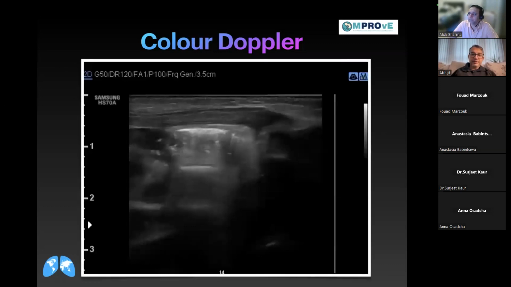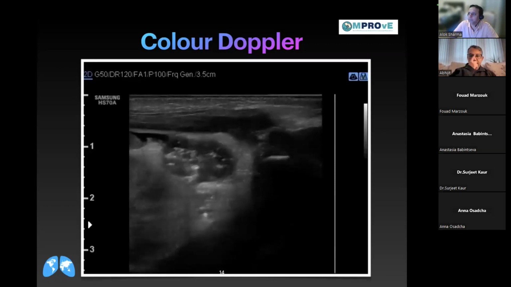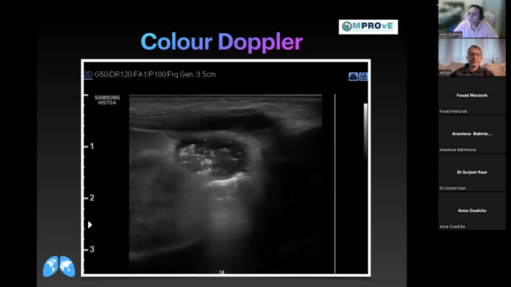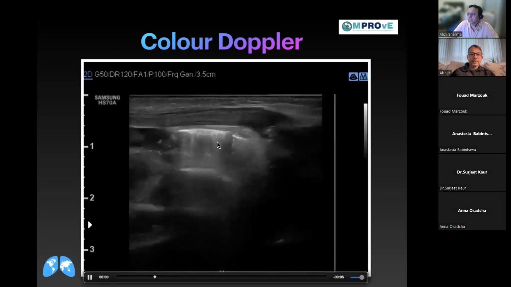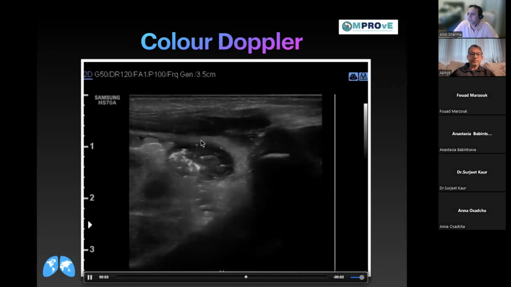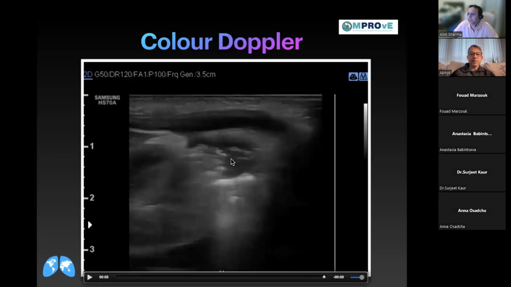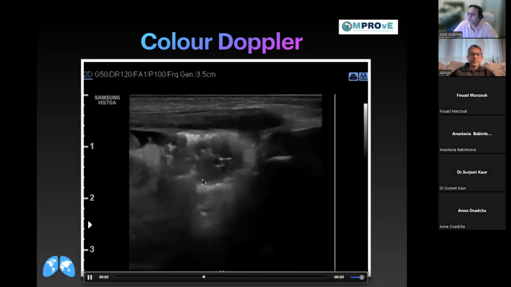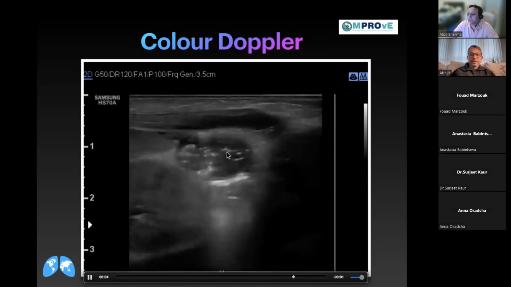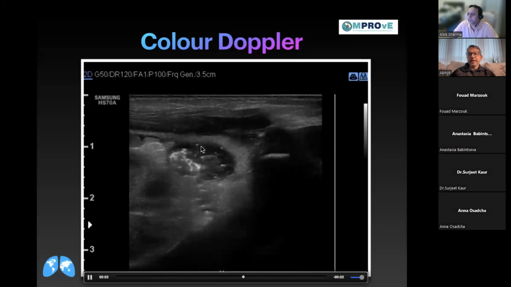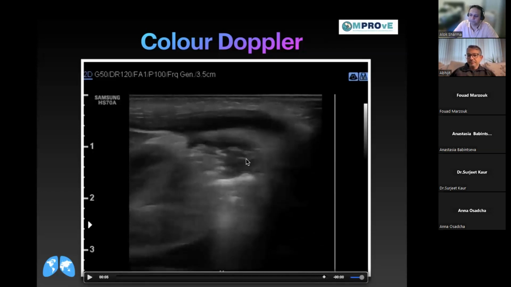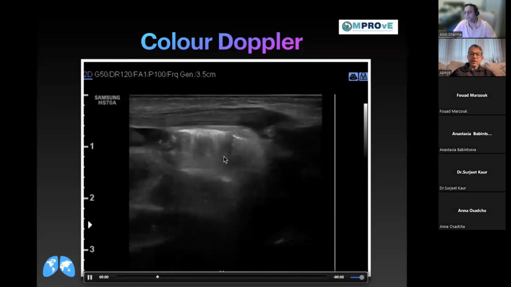Let's do the Doppler here. So this is one of the areas, and you can very well see a circumscribed area here, which has got dynamic air bronchograms in the center. And then the central area is more anechoic, quite dark gray to blackish, and that's the consolidated area.